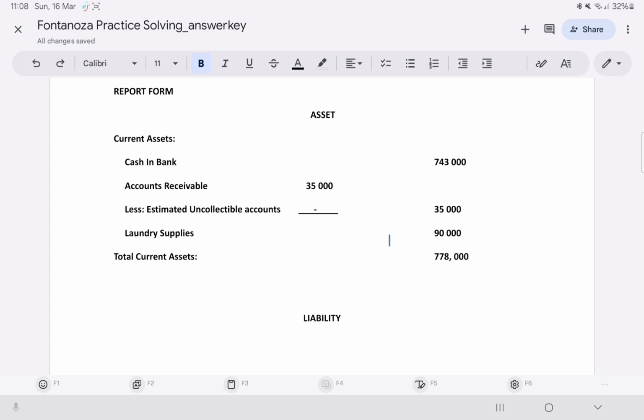So let's solve the total current assets. Do not forget to use your calculator in calculating.